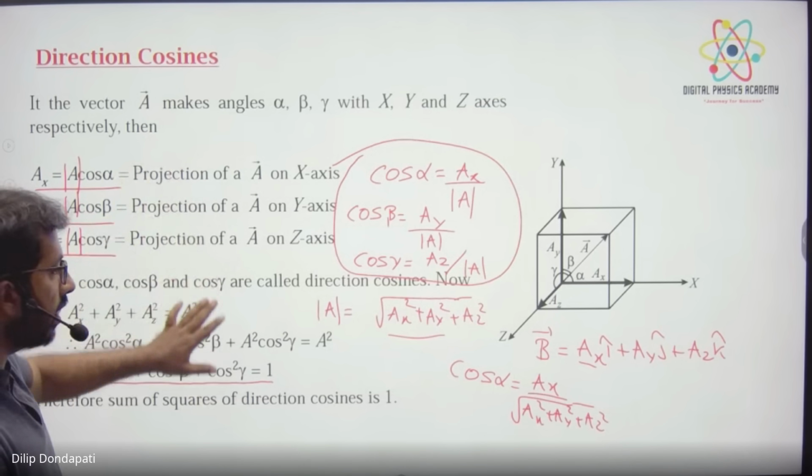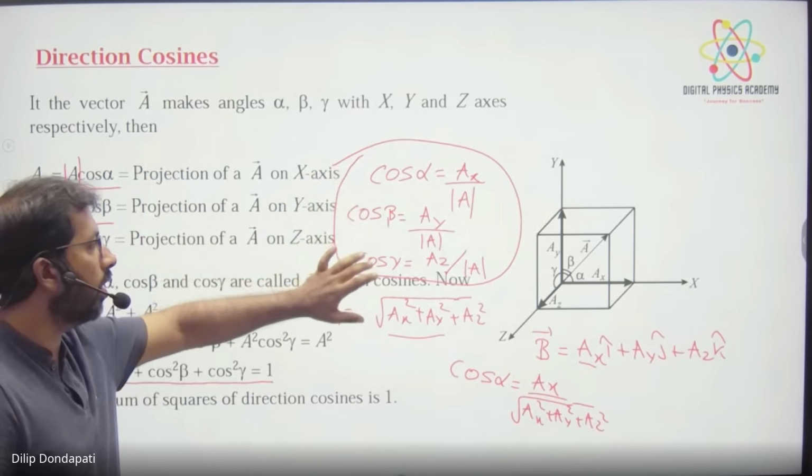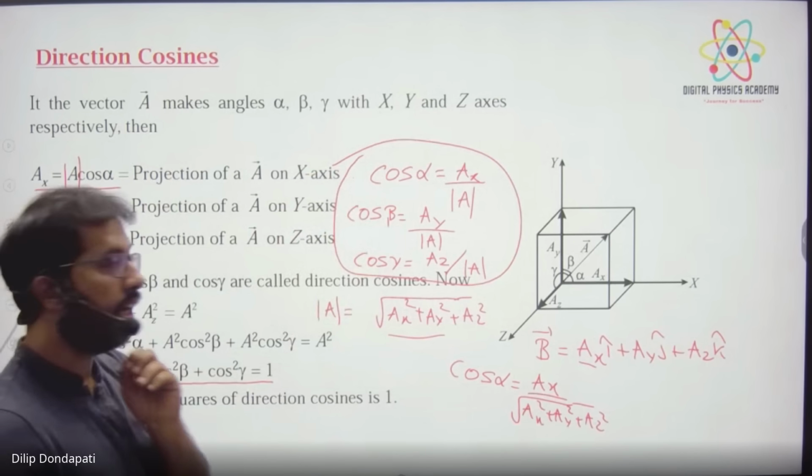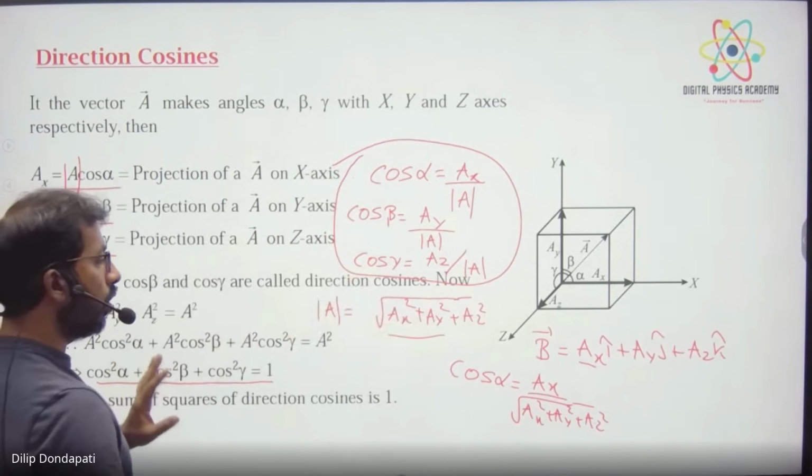Remaining things, last class you wrote only cos alpha, cos beta, cos gamma, az by mod A. And mod, you know how to find, right? Simply root of the sum of squares.